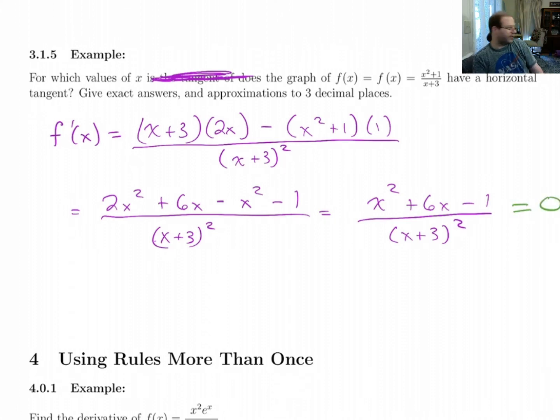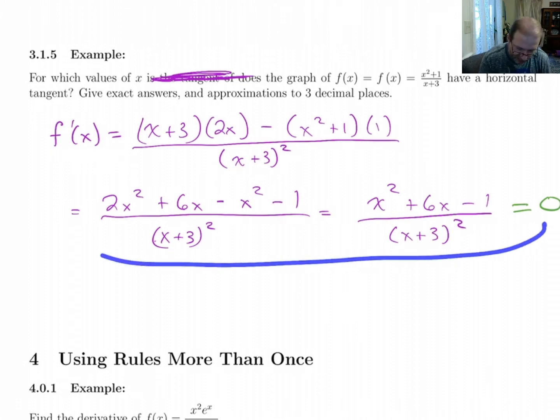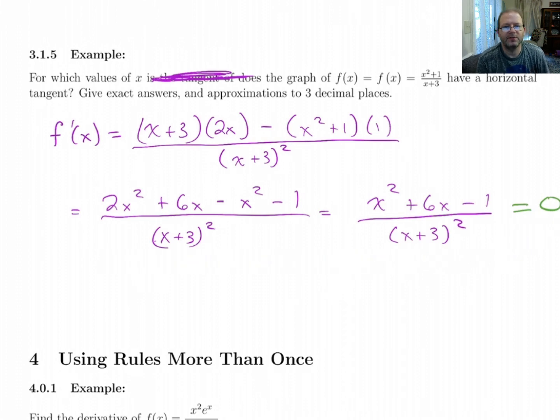I'm using a different color there because, well, I don't like doing this because it looks like if you read all these equals across, f prime of x is equal to 0. So it's kind of bad form to write it like that, but I'm going to do it because I don't have a lot of space left. Okay, so to solve this thing, what I would do is first multiply both sides of this equation by x plus 3 squared.